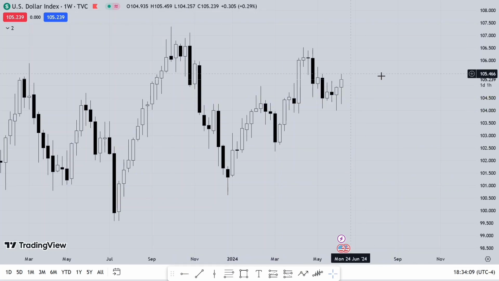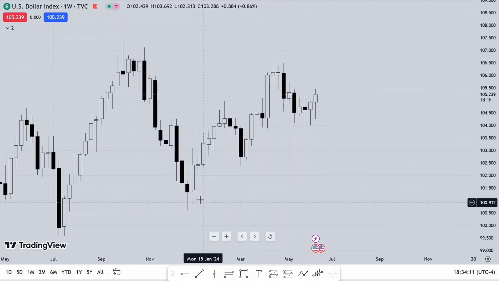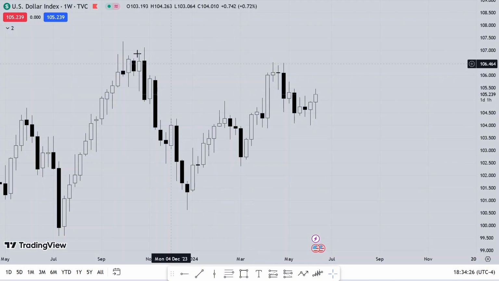More on imbalances. As you can see, when price traded up here, there was no imbalance apart from this imbalance that we have here. This imbalance is a breakaway gap. This indicates that price is eager to come to this liquidity.